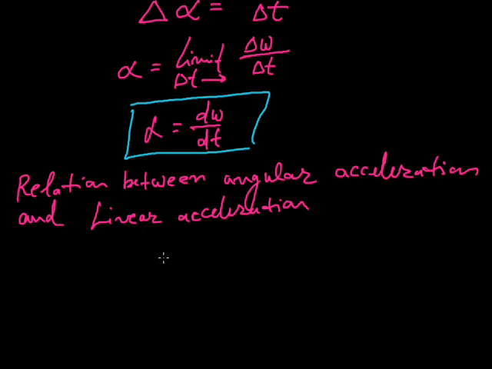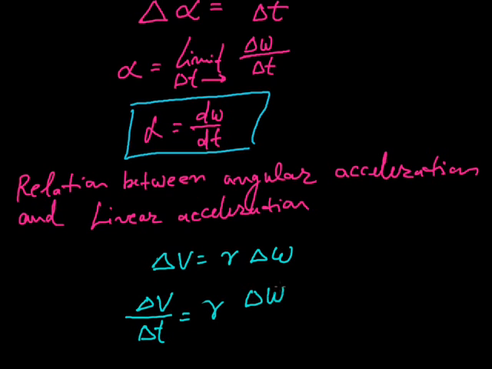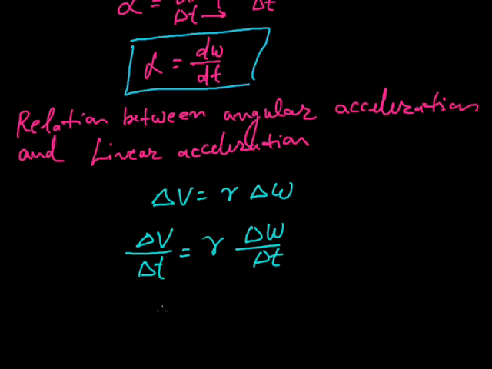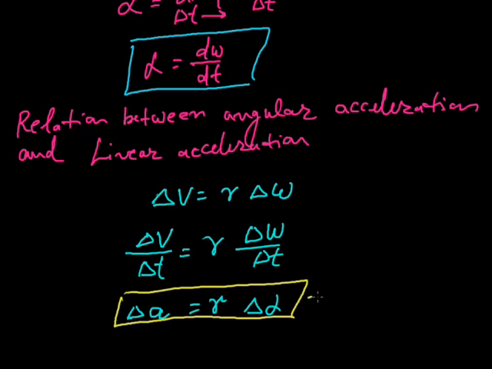We know that v is equal to omega r, या हम एवरेज की फॉर्म में भी ले सकते हैं, delta v is equal to r delta omega, and delta v upon delta t will be equal to r delta omega by delta t, that is linear acceleration a is r alpha, and simply we can write a is equal to r alpha.